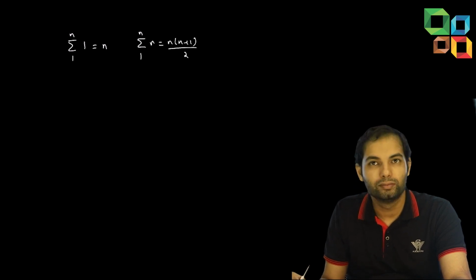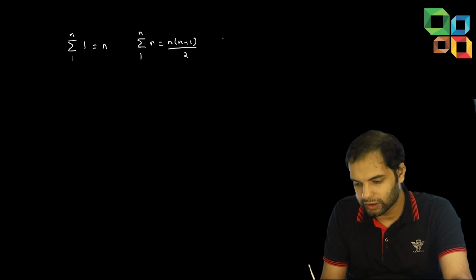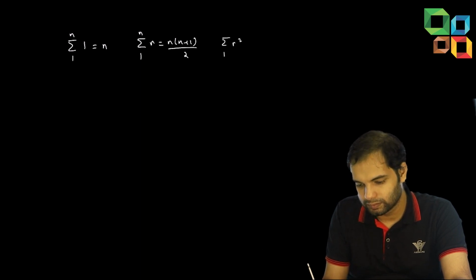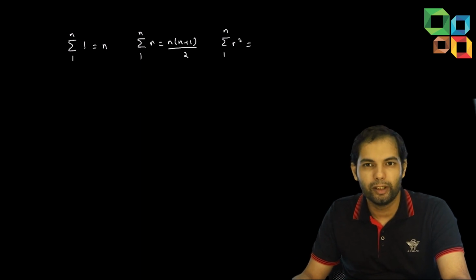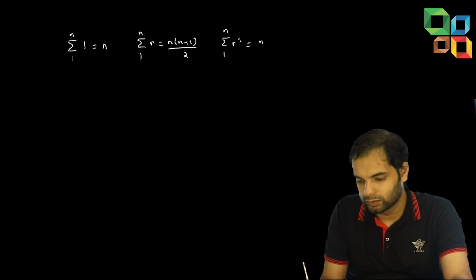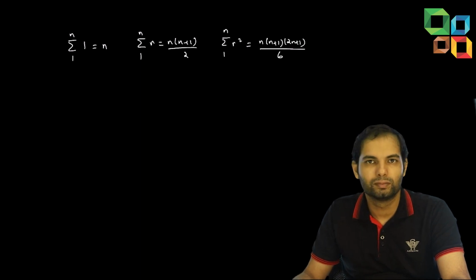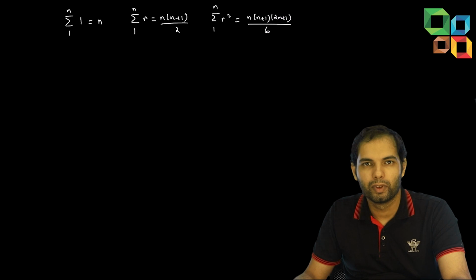Fine. What is summation of r square? It is n into n plus 1 into 2n plus 1 divided by 6. Okay.